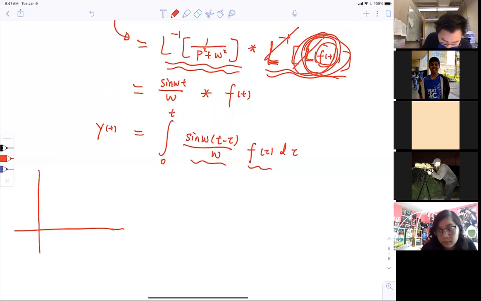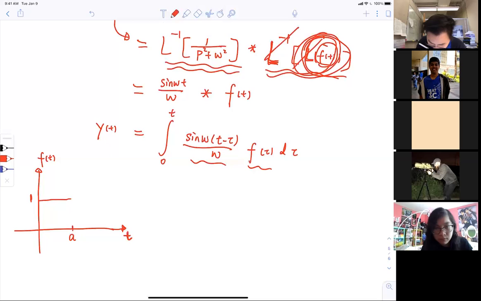Even though I talk about this in discussion, students will always make mistakes, but I will try my best. So f(t) is something like this, with value up to a. This is your t-axis.